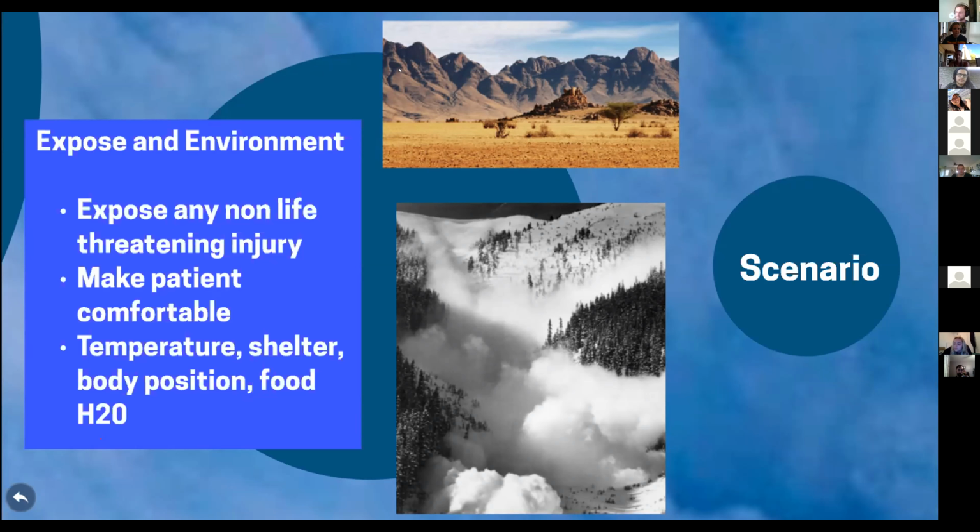Just understanding that this methodology, that scene size up and that primary assessment, are what you're going to roll through, and just hitting them all, because once you start skipping steps, if you skip number one and you enter an unsafe scene, then it all kind of goes out the window.